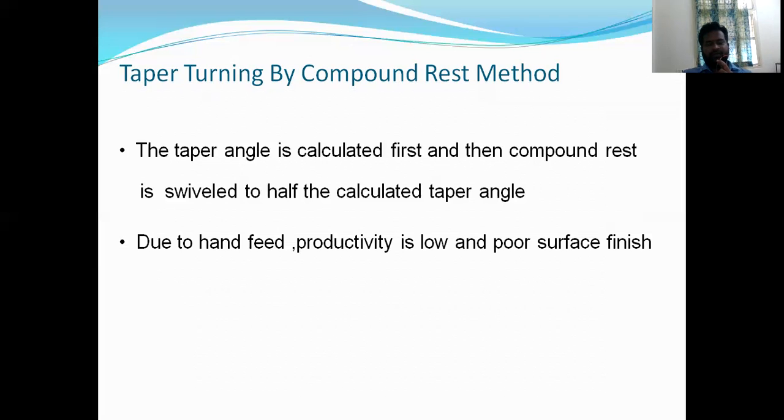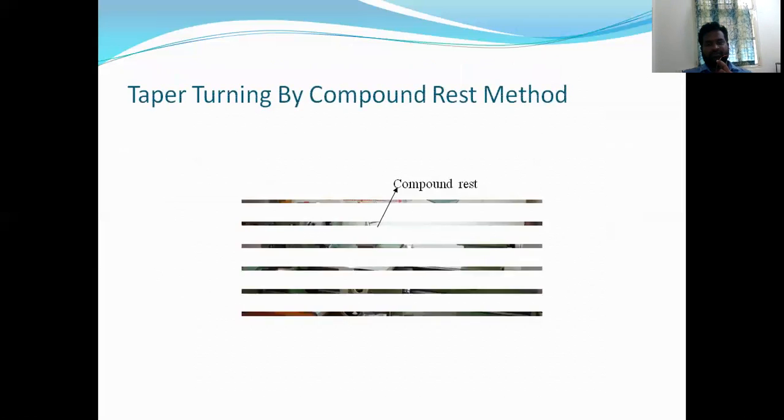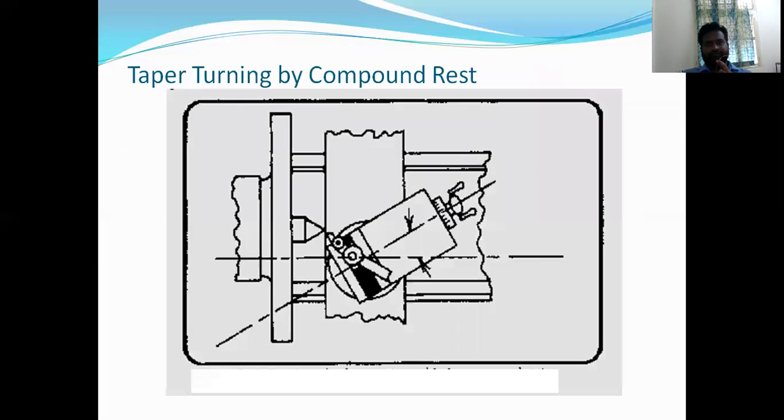Due to hand feed, by this method, the productivity is low and the surface finish is poor, as we already observed in the figure. This is taper turning by the compound rest method, right? After getting the desired angle, we swivel our compound rest to the desired angle and give the feed by rotating this hand wheel, so it is moving in this direction.